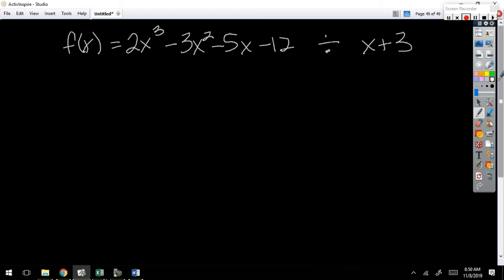Y'all got it written down? So do a synthetic, right? Synthetic, yeah. Definitely, if you ever can do synthetic, you want to do synthetic because it's so much quicker and easier. If it's x plus a number or x minus a number, you can use synthetic, as long as there's no coefficients and no exponents in your thing.